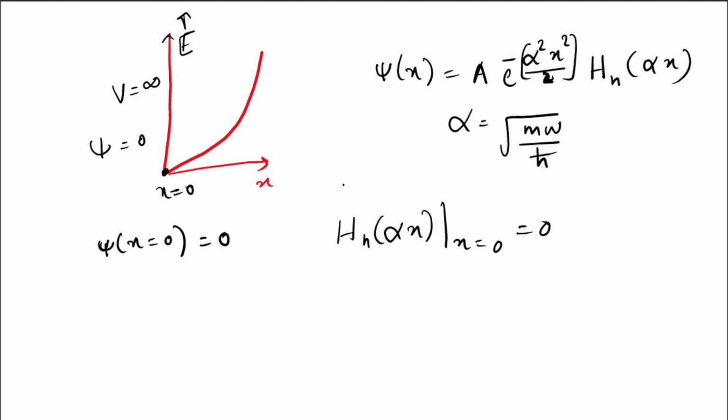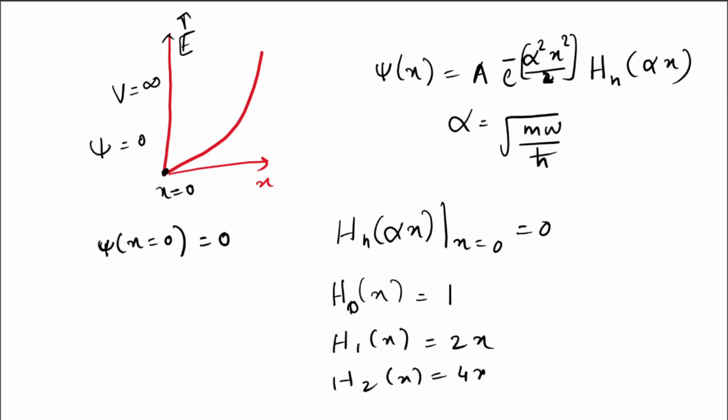We know the Hermite polynomials: H0 of x is equal to 1, H1 of x is equal to 2x, H2 of x is equal to 4x squared minus 2. You don't have to remember everything; you just have to remember that the Hermite polynomial at x equal to 0 will be equal to 0 only for n odd.